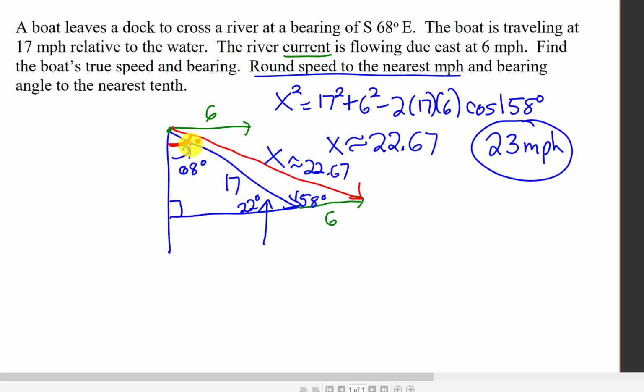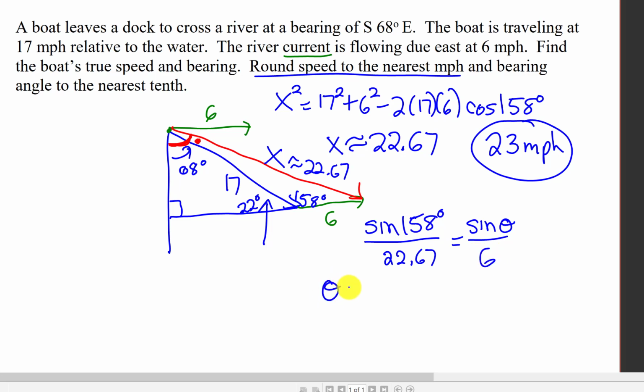Well, I can find that angle in the triangle because I can use the law of sines now, since I have an angle and a side opposite it. So I've got sine of 158 degrees over 22.67, which is why I wanted to carry at least a couple extra decimal places, equals the sine of that angle, we'll call it theta, over the side opposite that, which is 6.